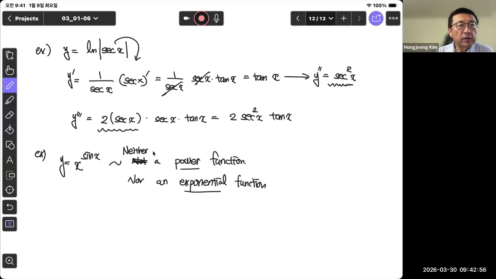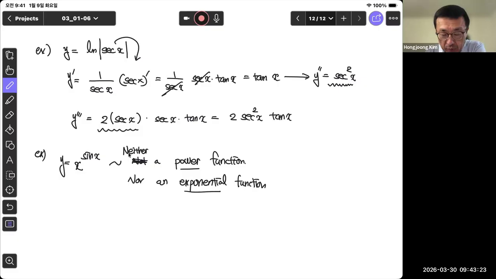Then how can I differentiate this? We do not have any formula for such a function. Right? I didn't introduce any formula for the differentiation of such a function. So you need to convert the shape of the function into something for which we have a certain formula.